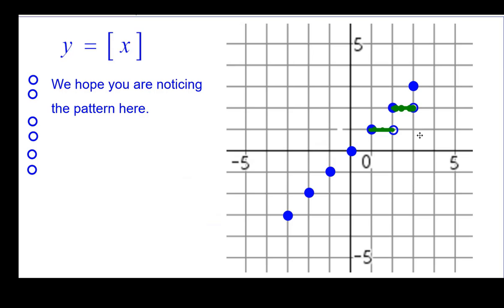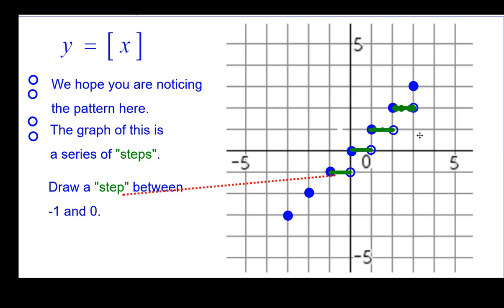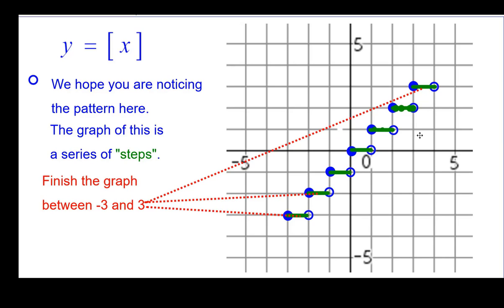So hope you're noticing the pattern here, and that is this graph is really a series of steps. Left endpoint closed, right endpoint open. So the step between 0 and 1 would look like this with an open circle at the end. Between negative 1 and 0, another step. And so we can finish the graph there. Pause as needed. That's what the greatest integer function looks like.